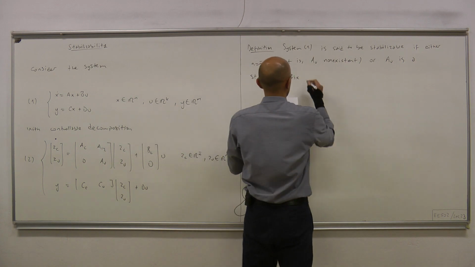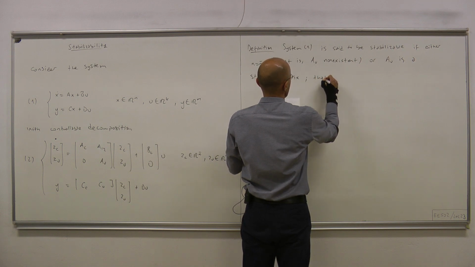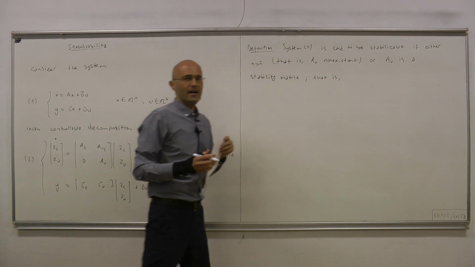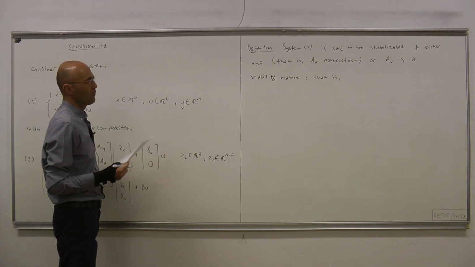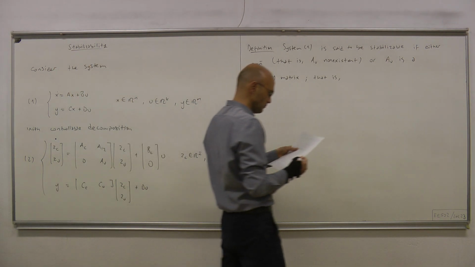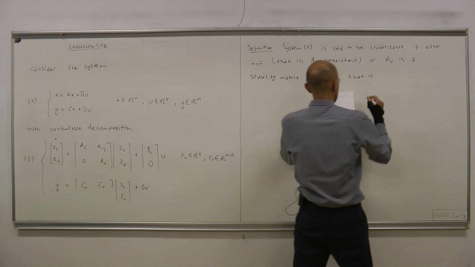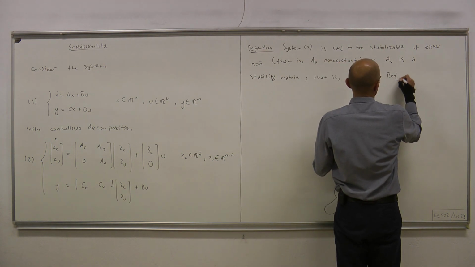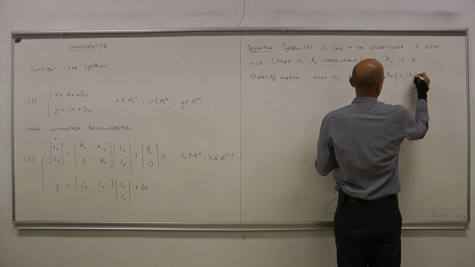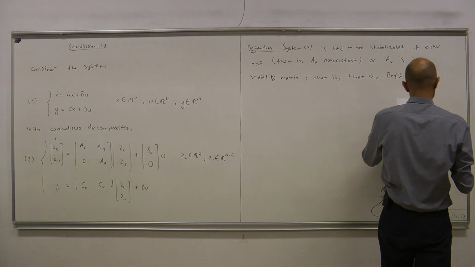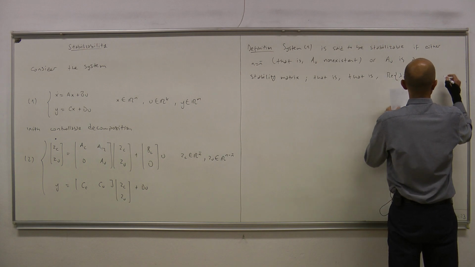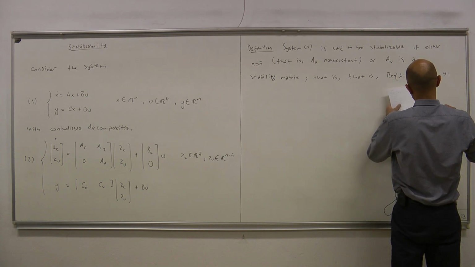That is, all the eigenvalues of the matrix A_U have strictly negative real parts. That is, the real part of lambda_i is strictly negative for all eigenvalues lambda_i of A_U.